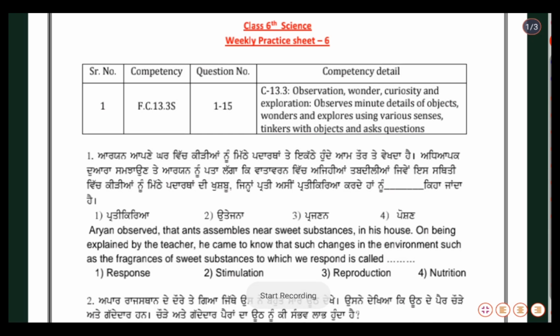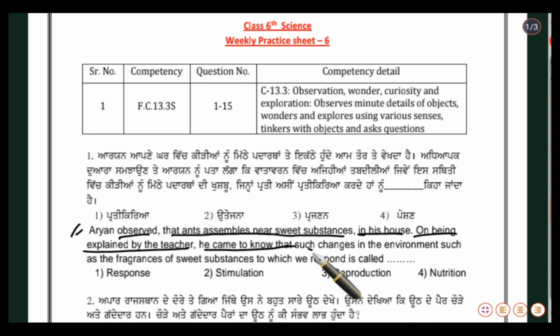Now let's quickly go through the weekly practice sheet number 6. Question number 1 is, Aryan observed that ants assemble near sweet substances in his house. On being explained by the teacher, he came to know that such changes in the environment, such as fragrances of sweet substances, to which we respond is called stimulation.